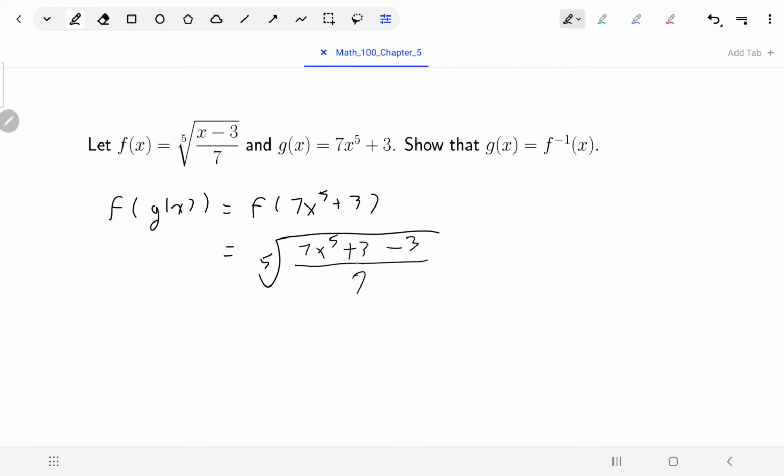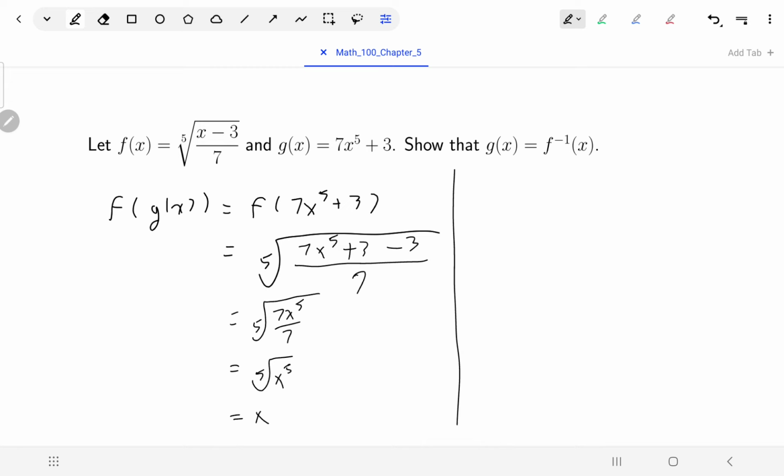And you can see after a couple of lines how things are going to clean themselves up. The 3 minus 3 will cancel each other out immediately, and then I'll have 7x to the 5 over 7, and the 7's cancel, and then I've got a fifth root of x to the 5, and the fifth root and x to the 5 cancel, leaving just x.